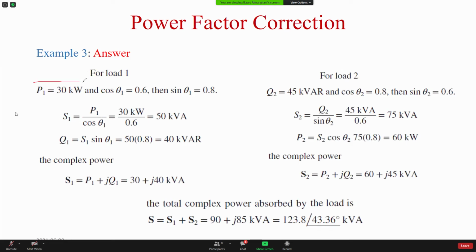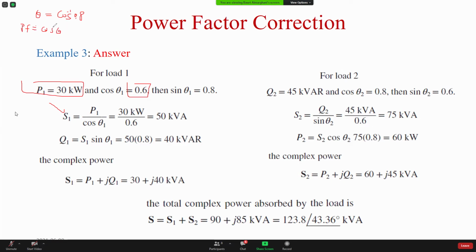So for the first load, they give you this, and they give you the power factor. So you can find S, you can find the Q. By the way, here's another way to find the Q, by finding the angle. So theta is cosine inverse of the power factor. You know, power factor is cosine of the angle, right?